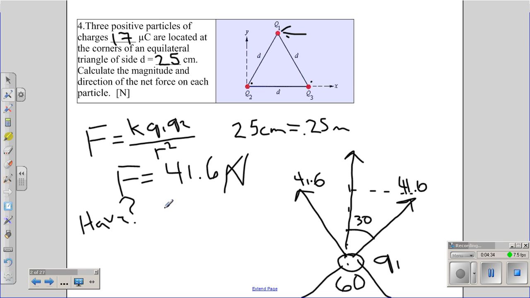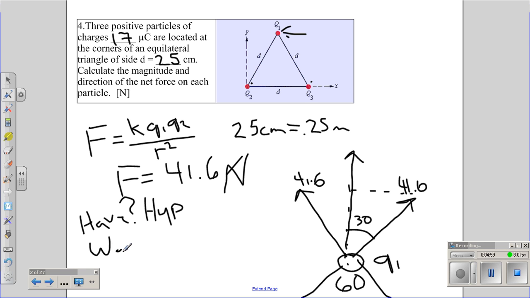On that triangle over there, the 30-degree one, you can see that that represents a hypotenuse. So we have a hypotenuse of 41.6. And what are we looking for? We're looking for that piece that's pointing directly up away from the 30-degree symbol right there. Well, that's going to represent adjacent.